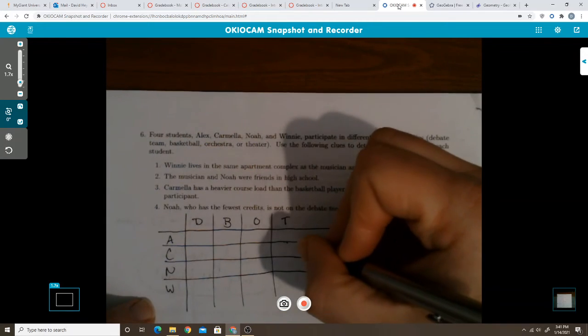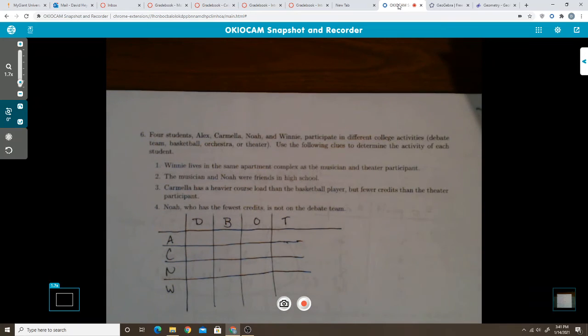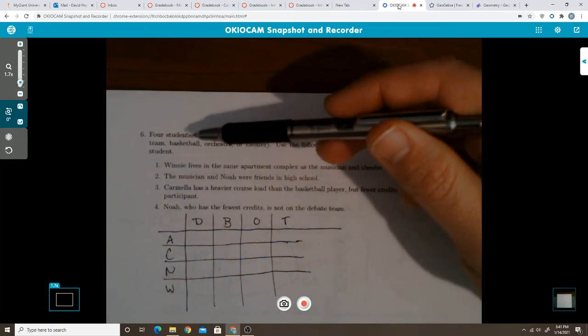If I can determine that a particular person doesn't do an activity, I'm going to put an X through that box.